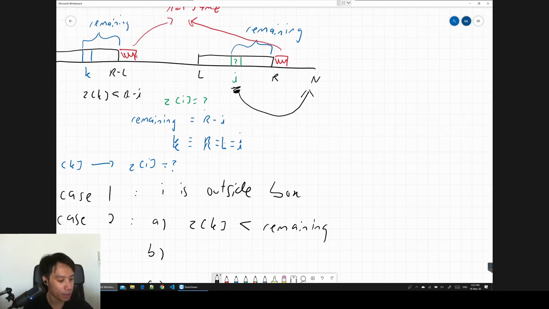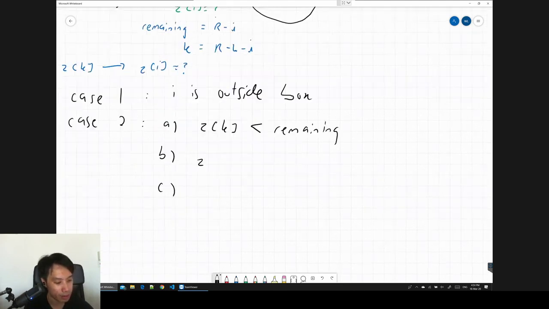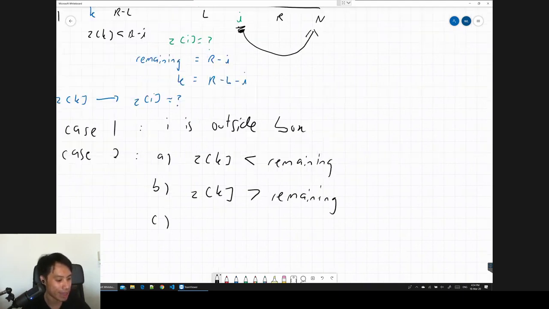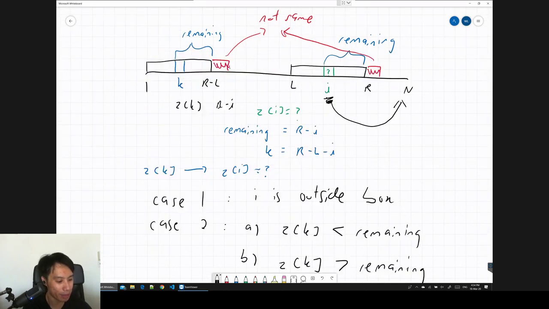The second case is when Zk is greater than remaining. In the same example, the number which I save is longer.